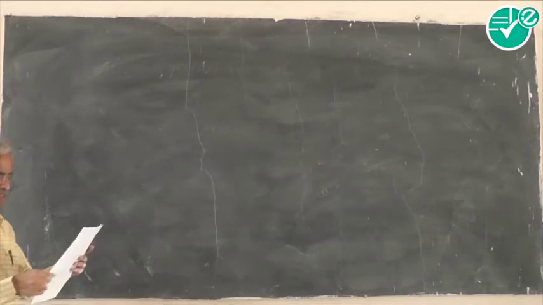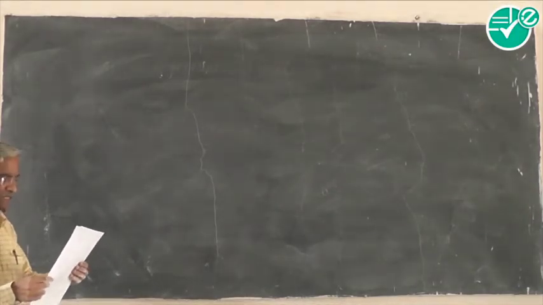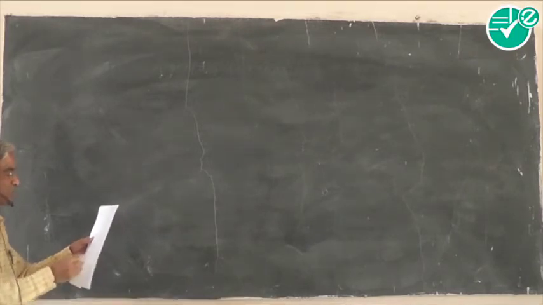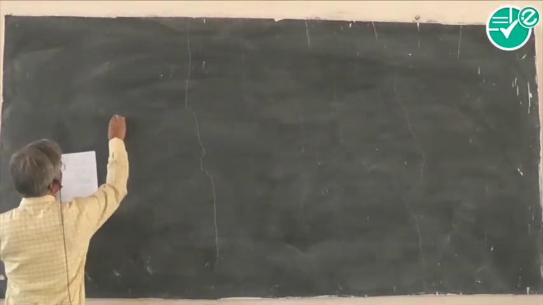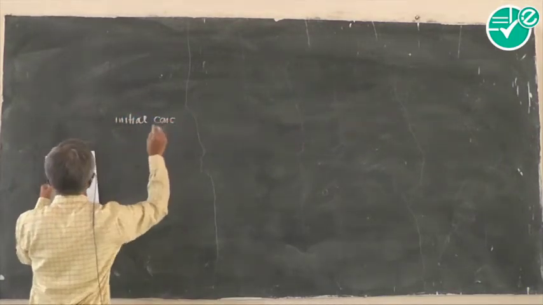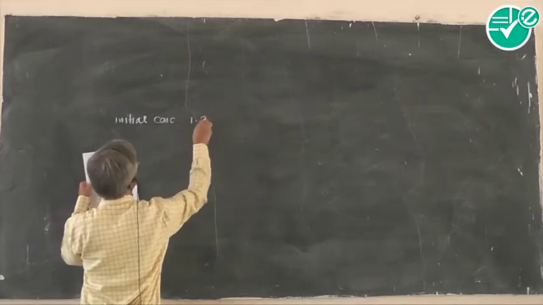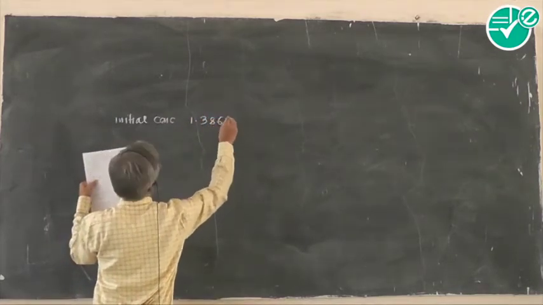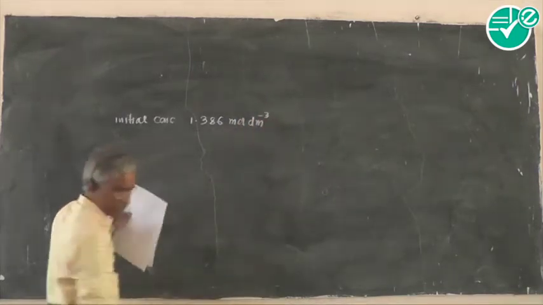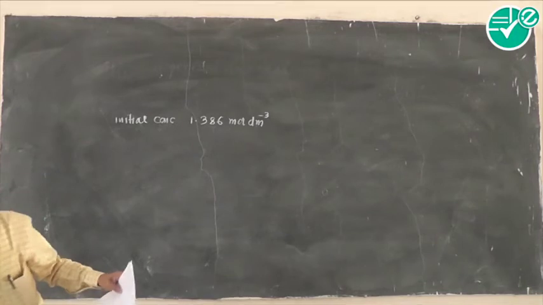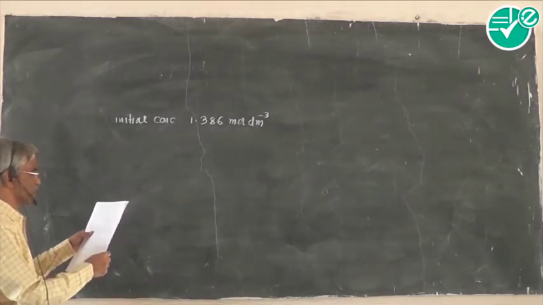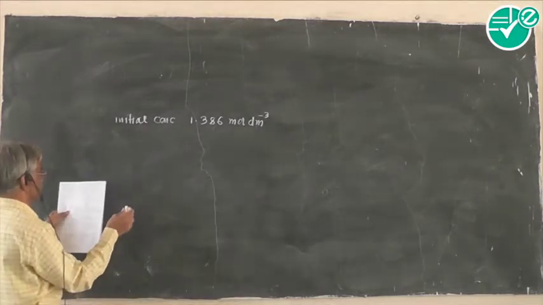Under the same condition, the initial concentration is 1.386 moles per decimeter cubed, they are giving. A substance becomes half in 40 seconds.